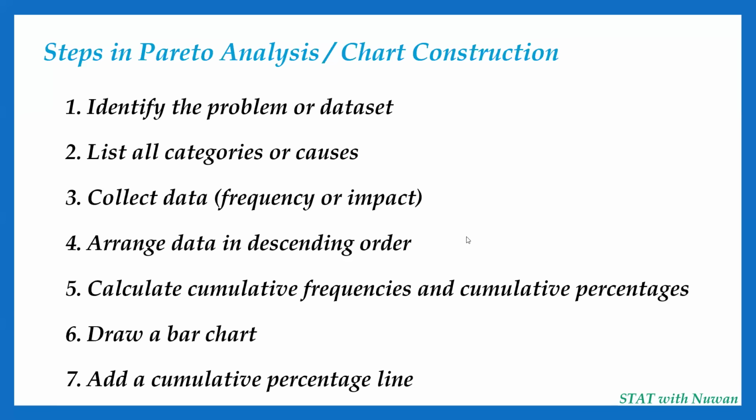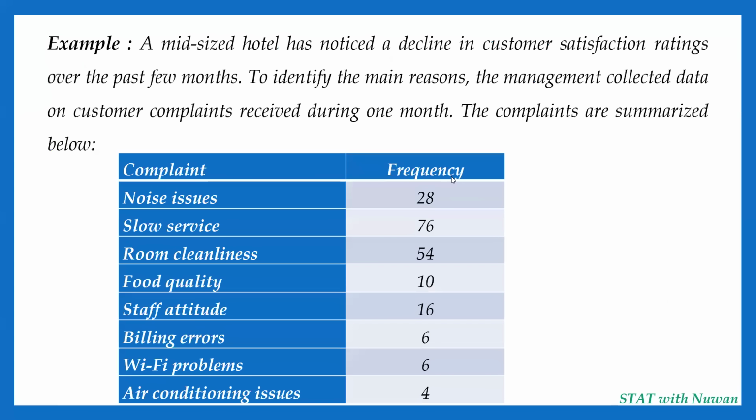Okay, let's consider this example. A mid-size hotel has noticed a decline in customer satisfaction ratings over the past few months. To identify the main reasons, the management collected data on customer complaints received during one month.